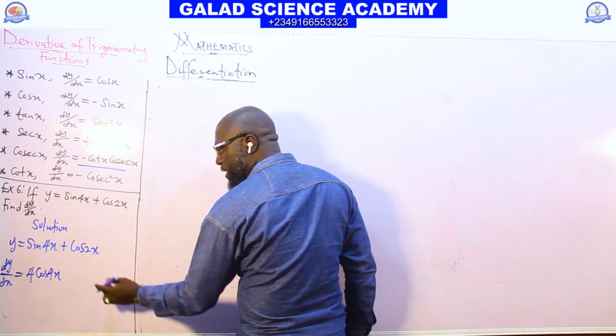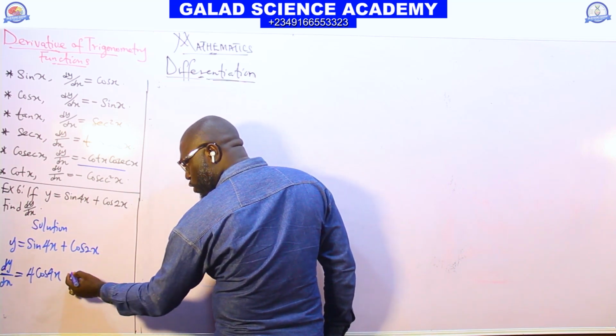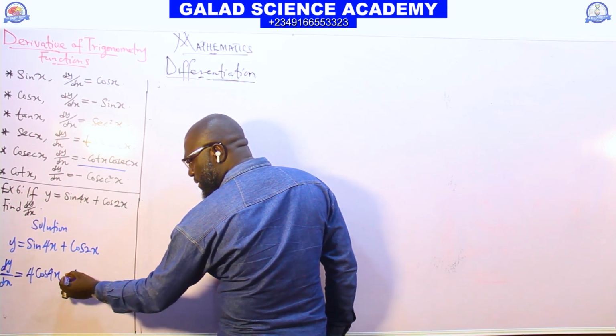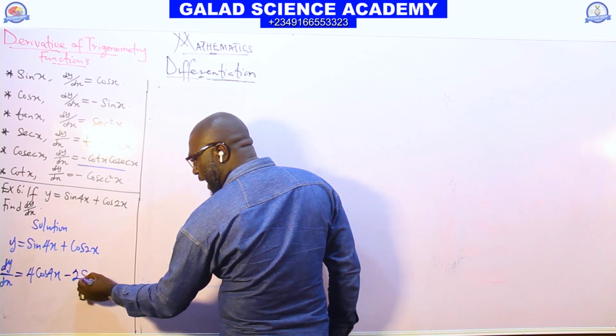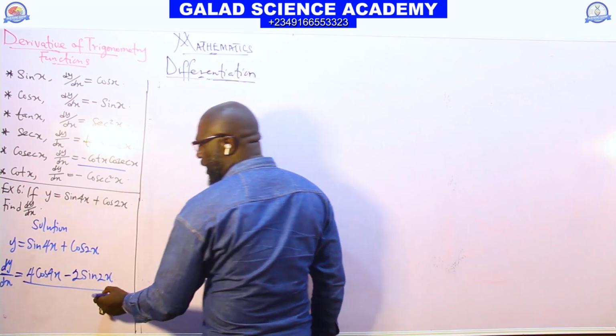The derivative of 2x gives us 2, and the derivative of cos is minus sine 2x. This will be your final answer.